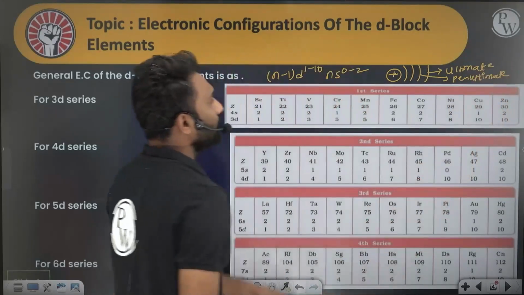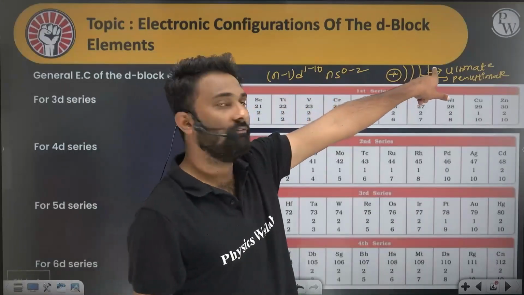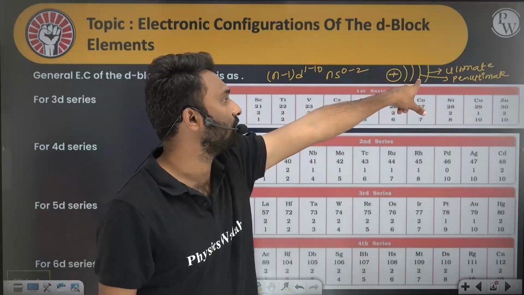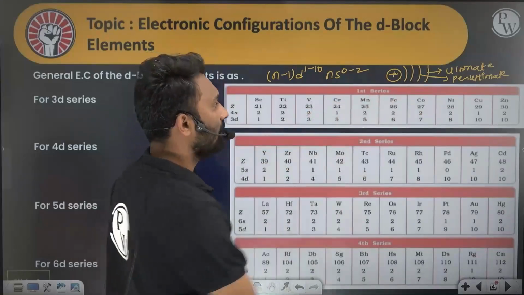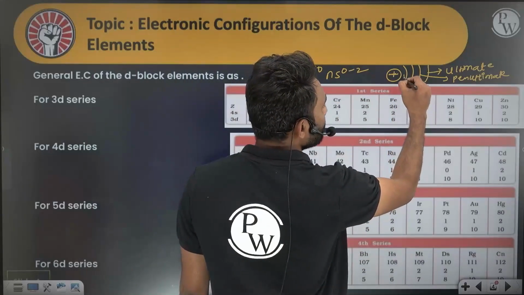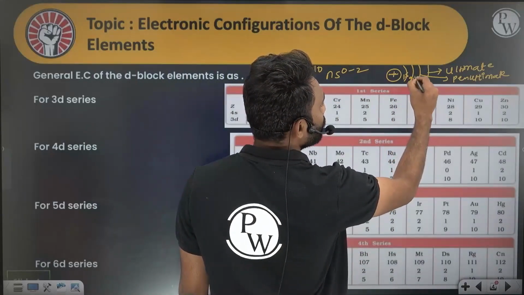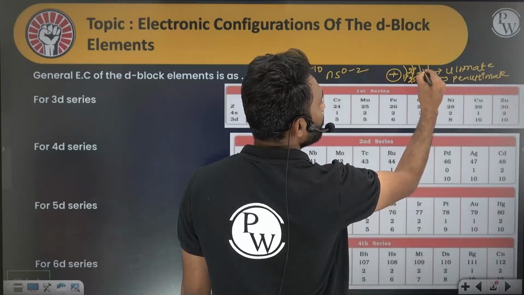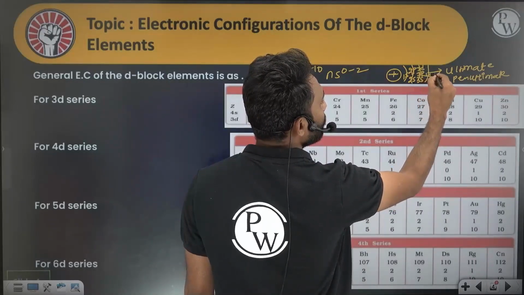Now ns is the valency shell or ultimate shell, and (n-1)d is the penultimate shell. If this is 1s, then 2s 2p, 3s 3p 3d, then 4s.